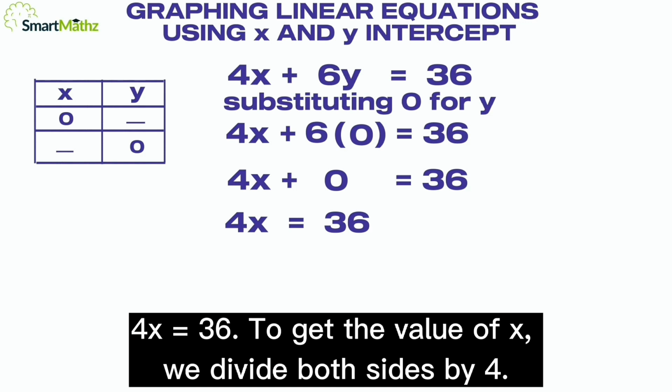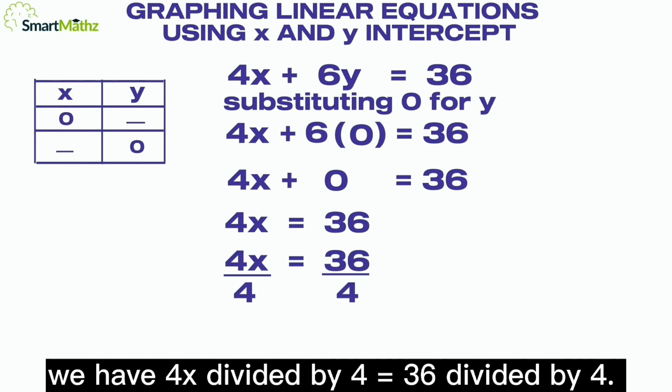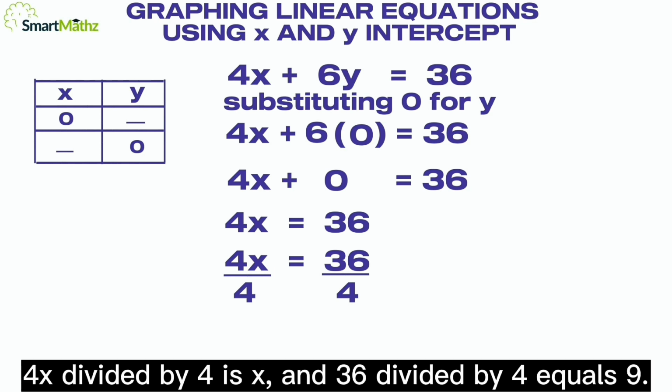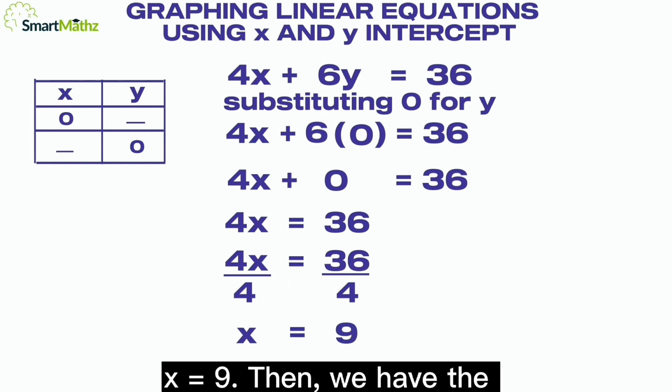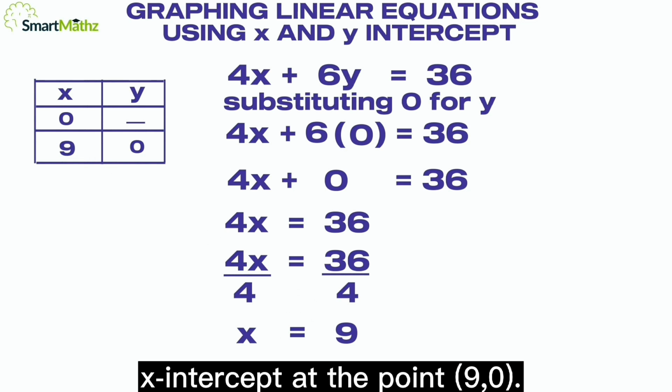To get the value of x, we divide both sides by 4. We have 4x divided by 4 equals 36 divided by 4. 4x divided by 4 is x, and 36 divided by 4 equals 9. X equals 9. Then, we have the x-intercept at the point 9, 0.